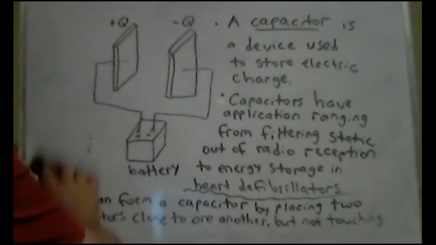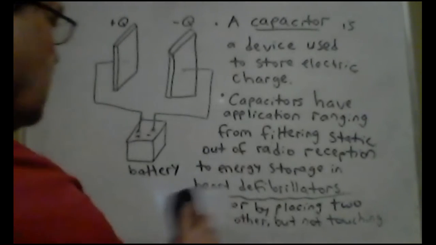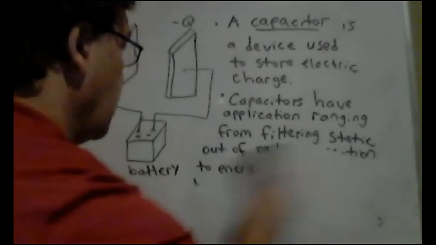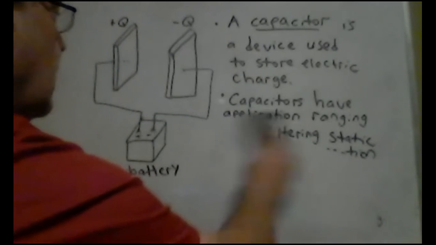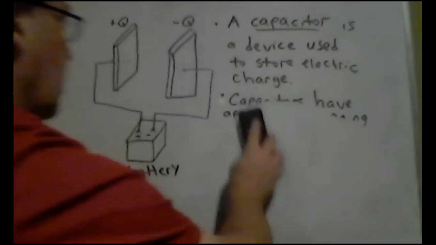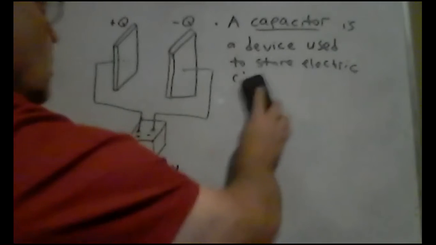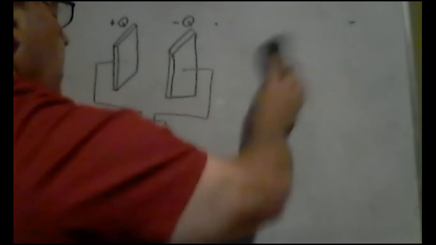One of the things we have to always understand when we talk about a circuit element is how does it relate to voltage? So clearly the important characteristic with a capacitor is charge. When we talk about resistors, the important characteristic is going to be what's called the electric current, or flowing of charge. We're going to want to understand how that relates to voltage. Here we have charge. We want to understand how it relates to voltage.